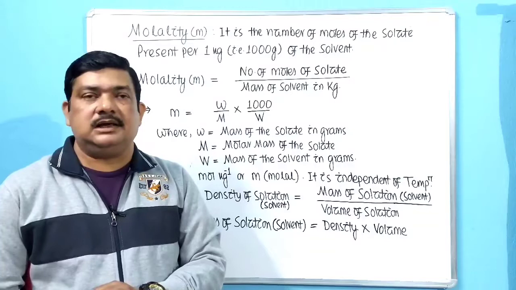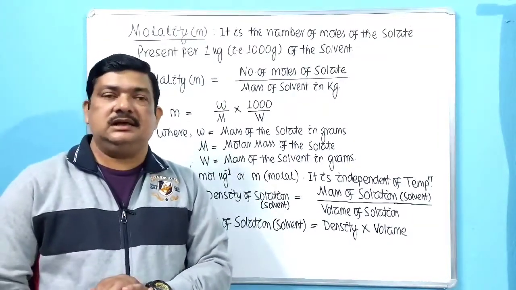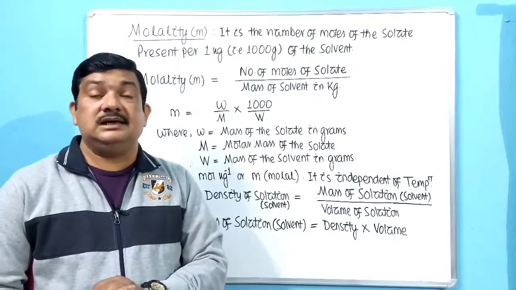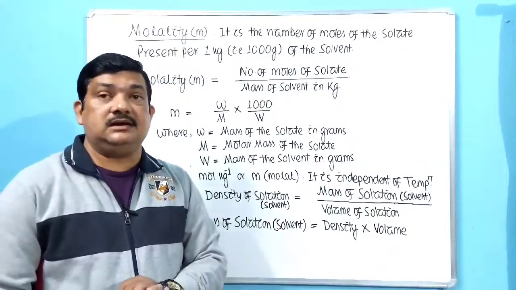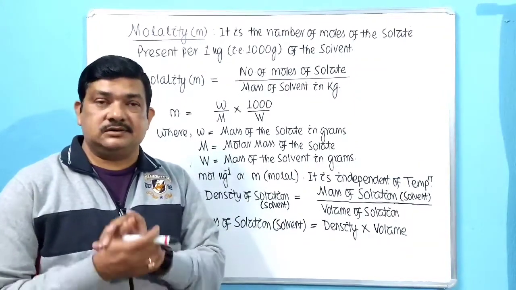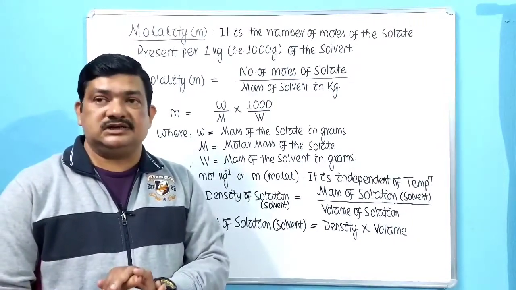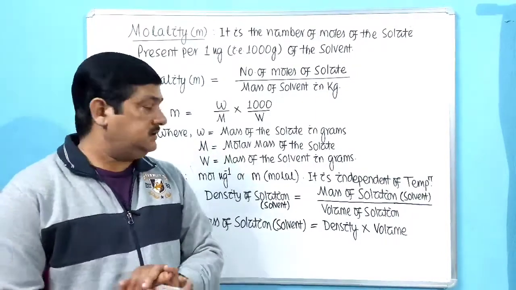Other units like molarity were dependent on temperature, but molality is the unit of concentration which is independent of temperature. Why? Because here mass is involved and mass does not change with temperature.